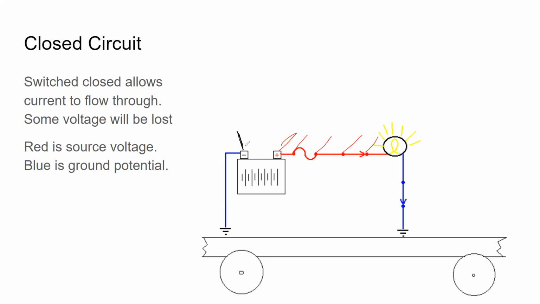If you keep that black probe there and move your red probe along the input of the fuse, the output of the fuse, the input of the switch, the output of the switch, up to the input of the bulb, they should all be about 12 volts.